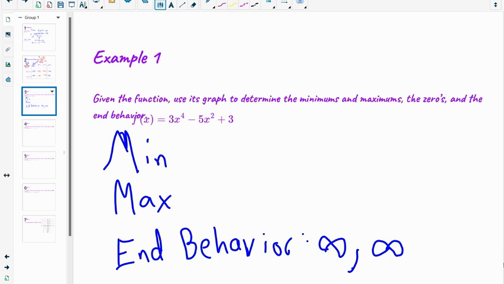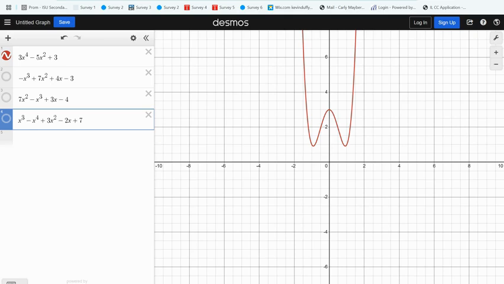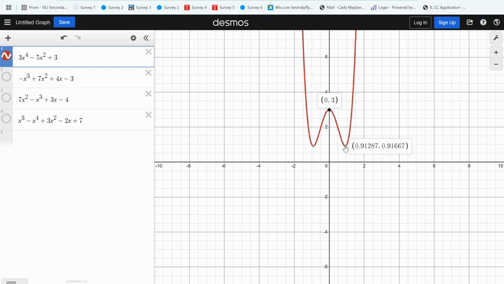Now if you don't have your Desmos open, take the time now, pause the video, and go ahead and do that. So here's our first function. Let's go ahead and click on the points. We've got one at 0, 3. That's a maximum. And then we'll round these to the nearest tenth as we see fit.